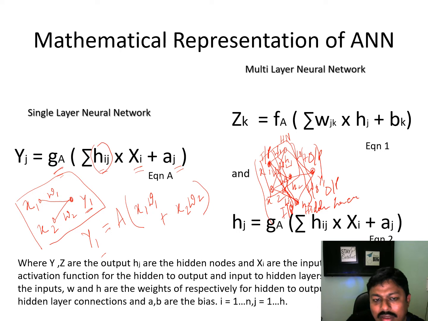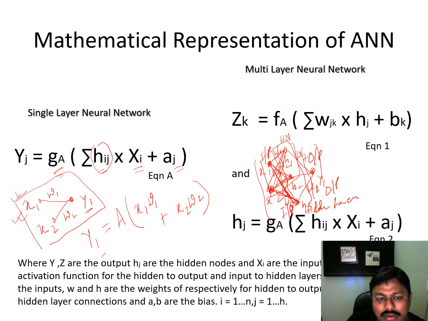Now in this multiple layer network, how many networks of this type are there? You see this one is one such network, this one is another such network, and this one is another such network. So there are 3 single layer neural networks in this multiple layer neural network.